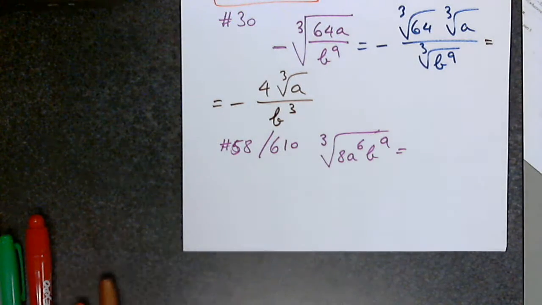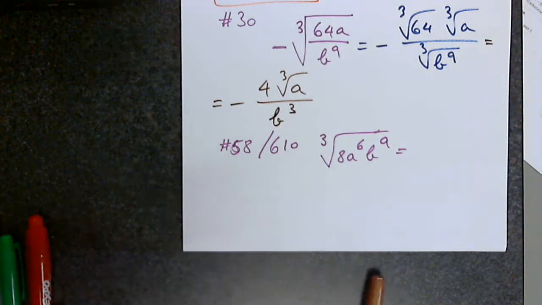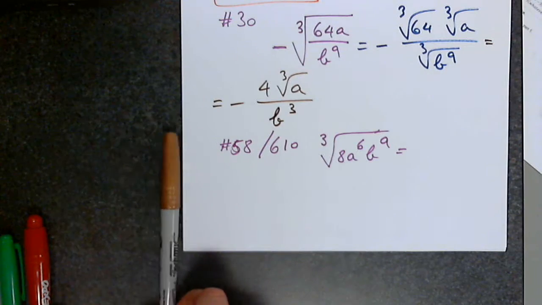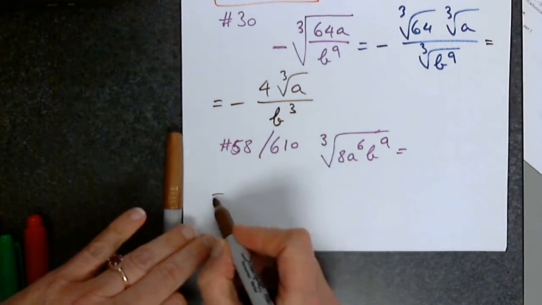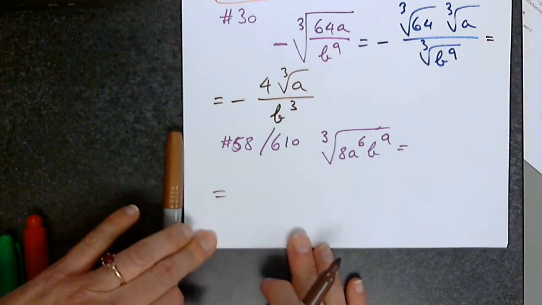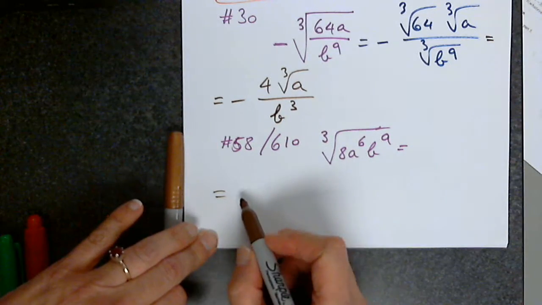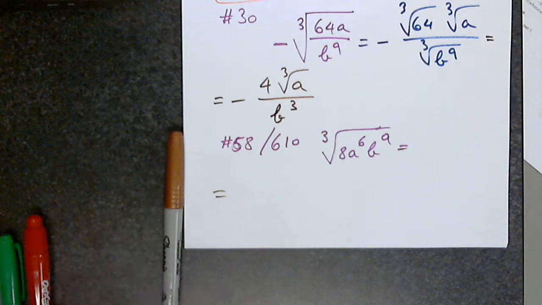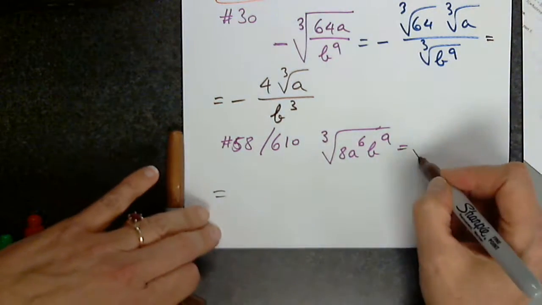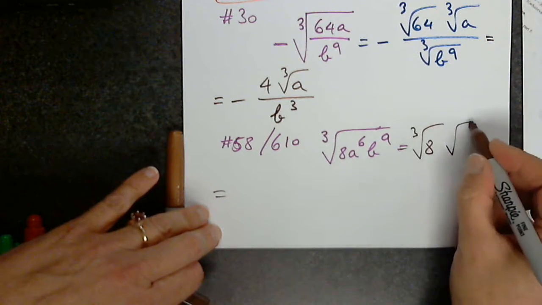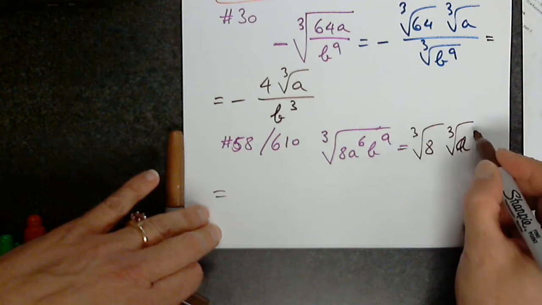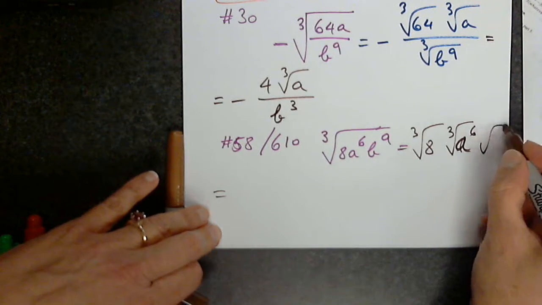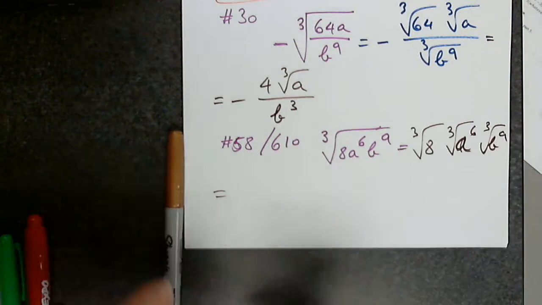So any suggestions here? Right. I recommend, of course, now since you got used to it, you can skip some steps. I'm fine with that. But for everyone to see, I will write this, a to the 6th, and the cube root of b to the 9th.